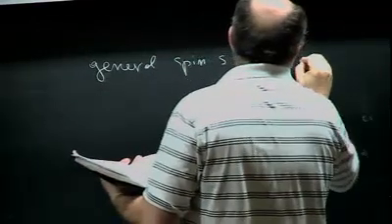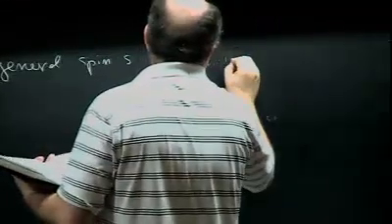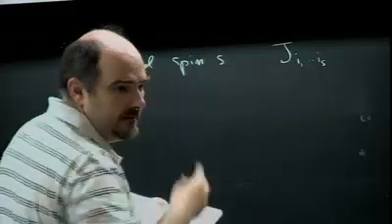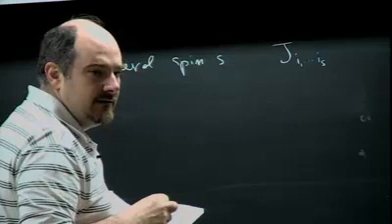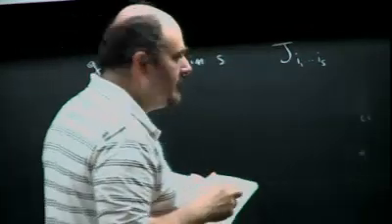Now for higher spin, there is a similar construction. For general spin S, we have the conserved currents. Now I'm using I instead of mu because I'm using mu for the bulk. In the first lectures, I was using mu and nu for the CFT.